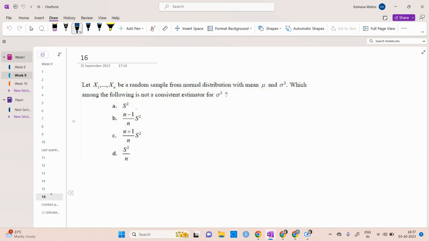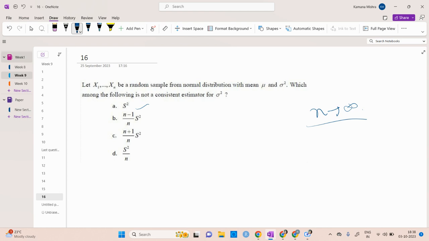Now you need to remember that s square is consistent when n tends to infinity. So basically we take n tends to infinity in that case.